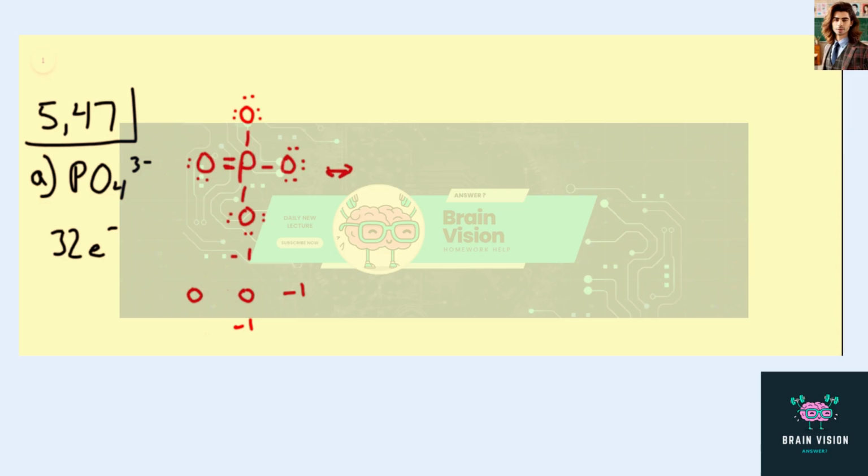So this double bond here doesn't have to form with the oxygen on the left. It could form with the oxygen on the bottom. Or any of them, as we will now draw.